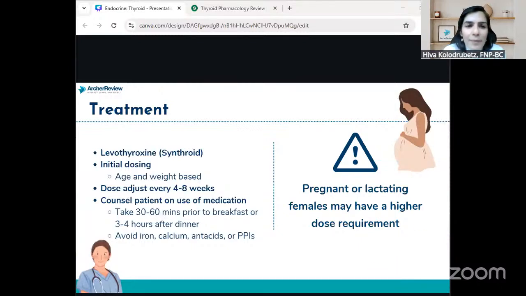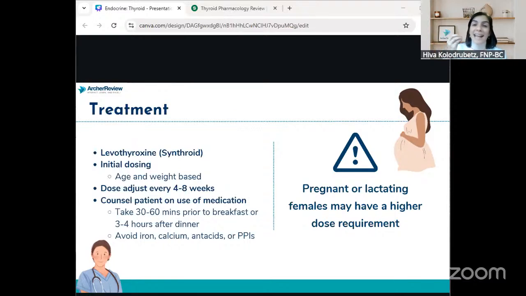Now with treatment, how do we treat the low levels of thyroid hormone? Well, we give synthetic thyroid hormone, right? So T4 is thyroxine. Its generic name is levothyroxine. Its brand name is Synthroid. We will start patients on this, always start low and go slow.